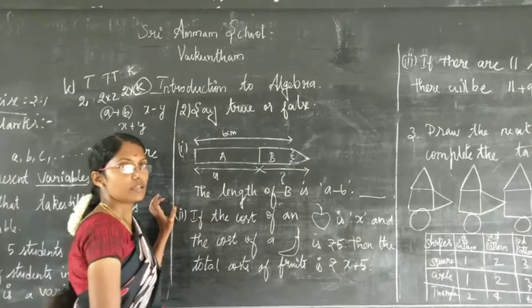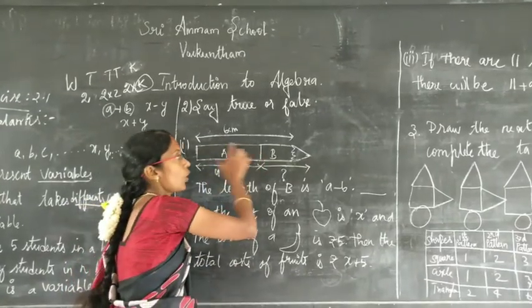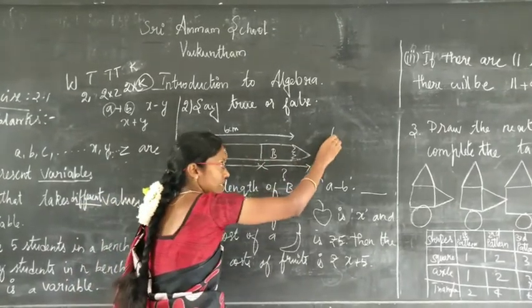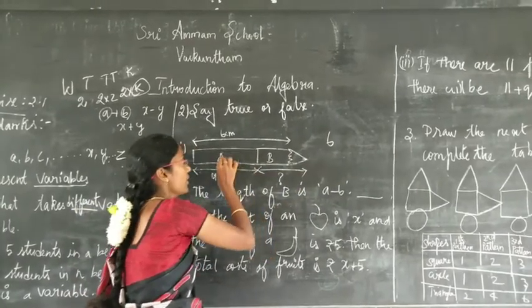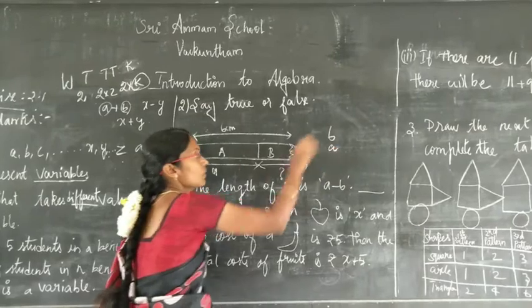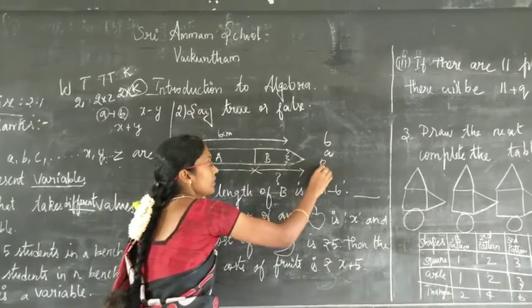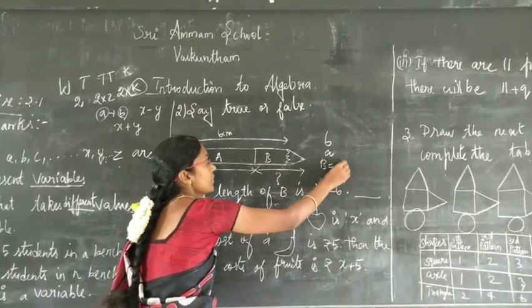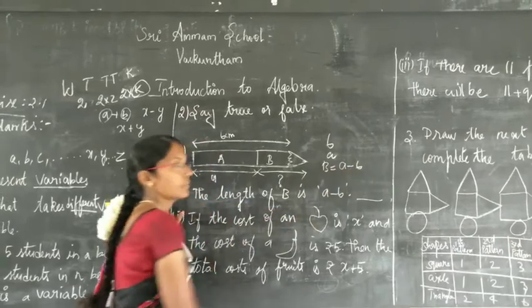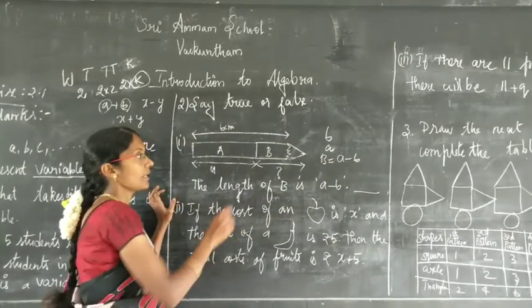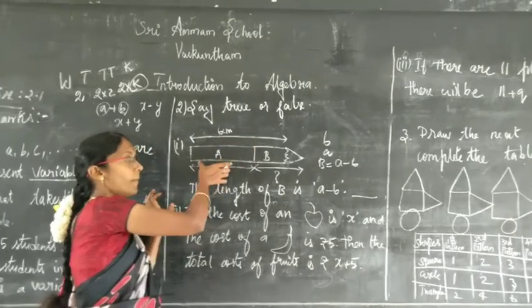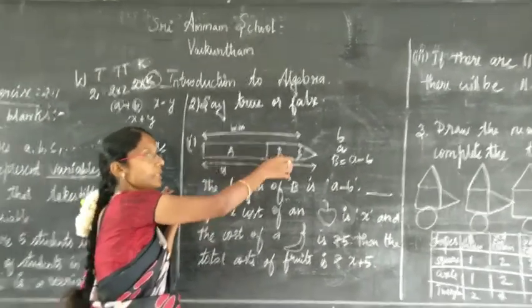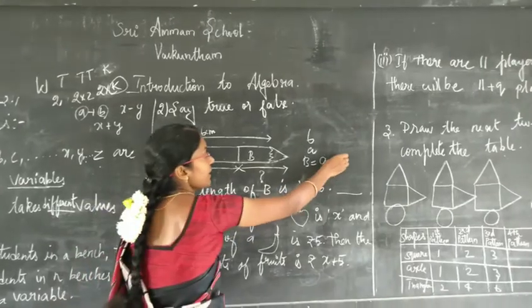Is it correct? The whole total length is 6. The length of part A is A. You have to find B. They had given A minus 6. Is it correct? Wrong. Why? You have to subtract part A from the total length so that you can get B. Here they had given A minus 6.